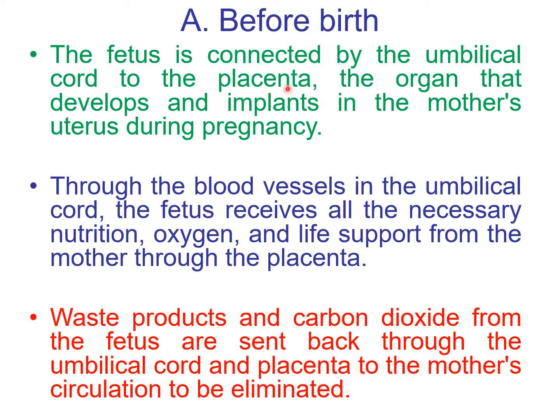Through the blood vessels in the umbilical cord, the fetus receives all necessary nutrition, oxygen, and life support from the mother through the placenta. The waste products and carbon dioxide from the fetus are sent back through the umbilical cord and placenta to the mother's circulation to be eliminated and deoxygenated blood to be oxygenated.